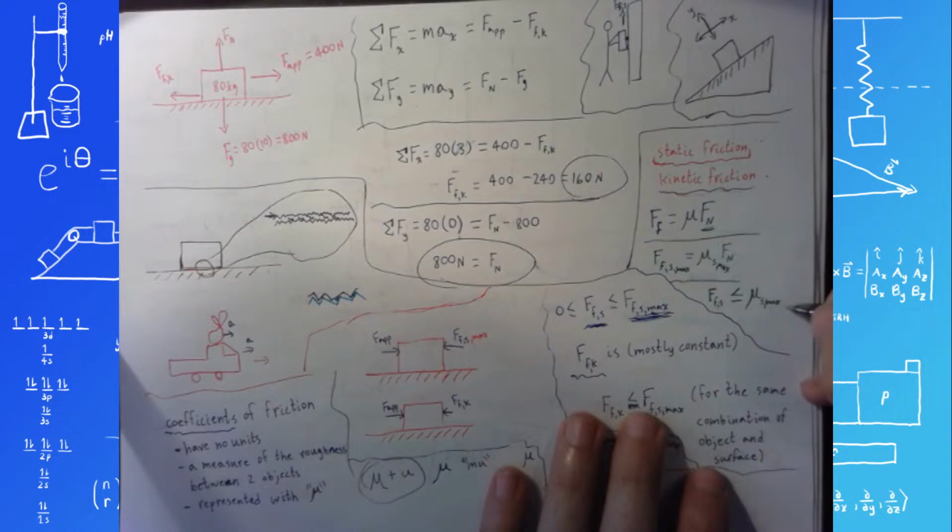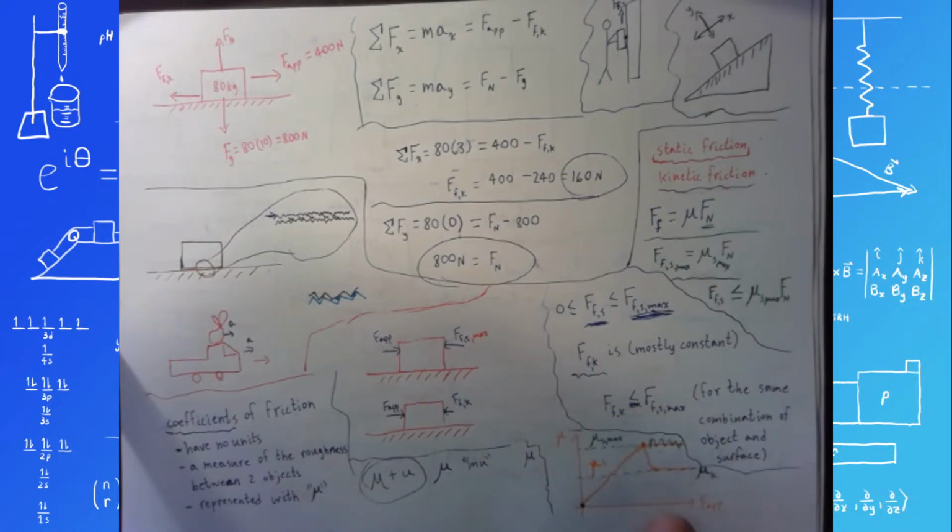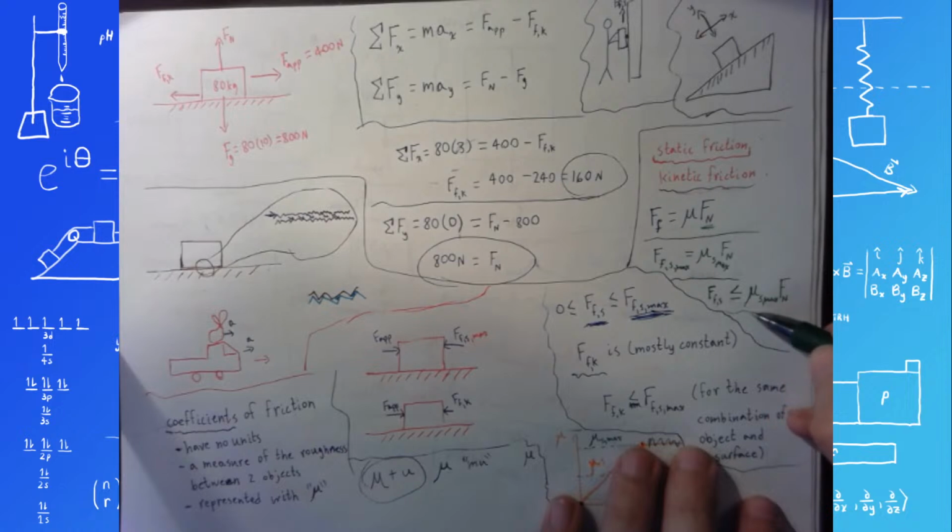Whether they write the word max in there or not, I would just assume it is, unless I have reason to believe otherwise, and then times normal force. Yeah, this is the safer way to think about it.